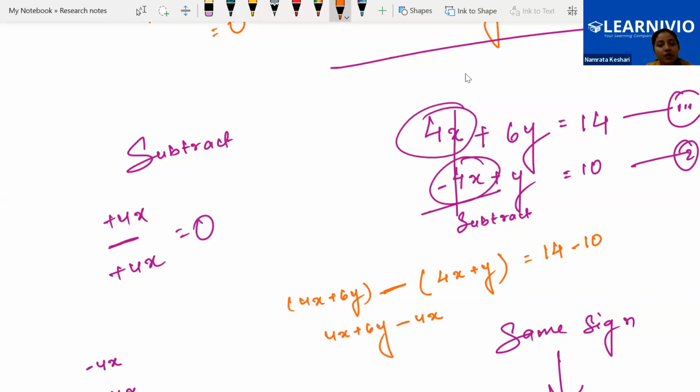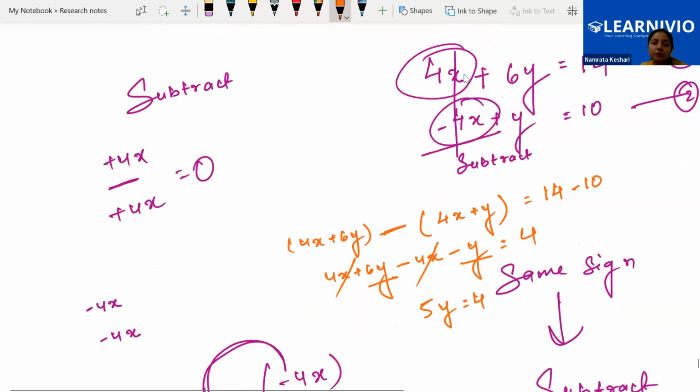So it will become minus 4x minus y is equals to 4. Okay, 4x gone, 6y minus y is 5y is equals to 4 we got. So this is how we are getting our y value, that is 4 by 5. Okay, is it clear so far? Yes, ma'am. Arya and Aisha.